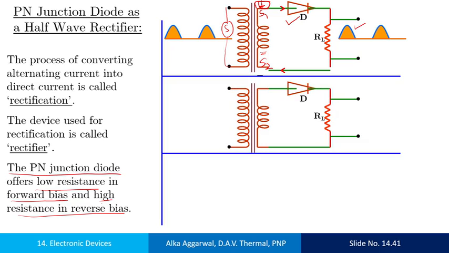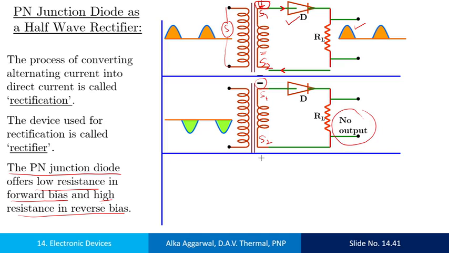During the negative half cycle, S1 is at negative potential with respect to S2. As S1 is at negative potential, diode is reverse biased and it conducts no current, so there is no output.